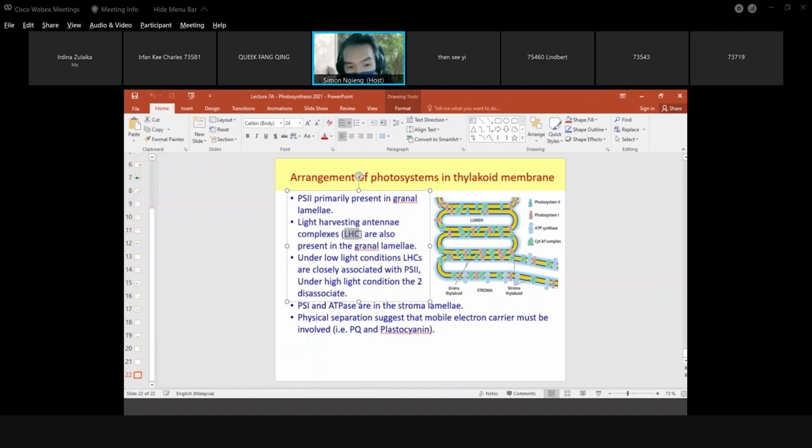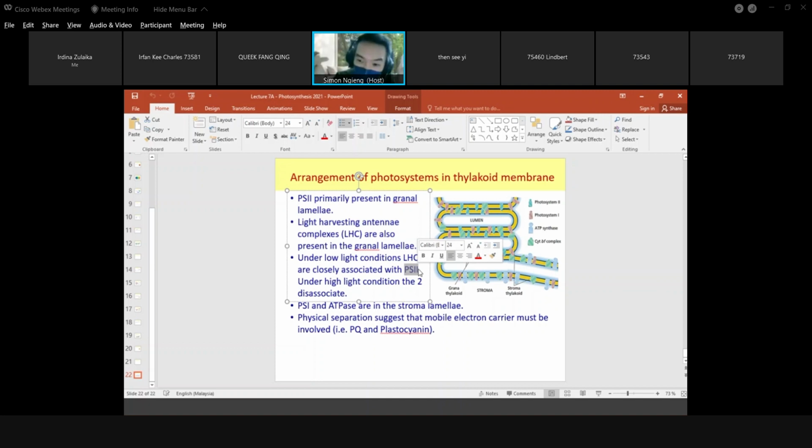Your LHC is the one receiving the energy from light, converting light energy into chemical energy. It needs to transfer to photosystem 2 first. So under low light energy, your LHC is going to go near to your photosystem 2, so that it facilitates the electron transfer process.